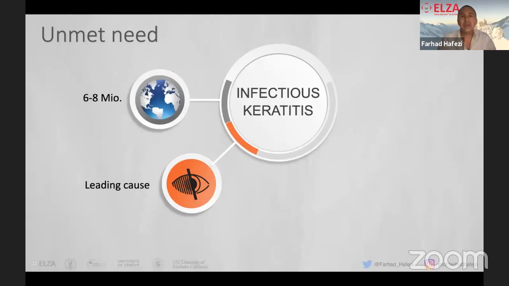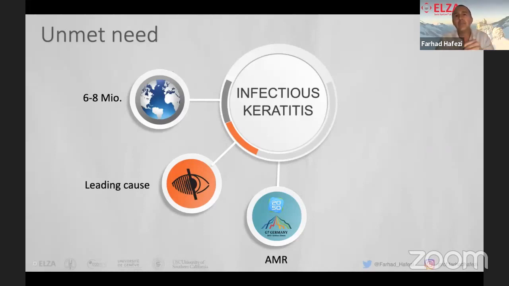And one thing that is extremely hard and will get even harder in the next years is antibiotic resistance. If you look at the WHO and its numbers, the WHO tells us in the whole field of medicine, by the year 2050, more people will die by antibiotic resistance than will die by diabetes and cancer put together.